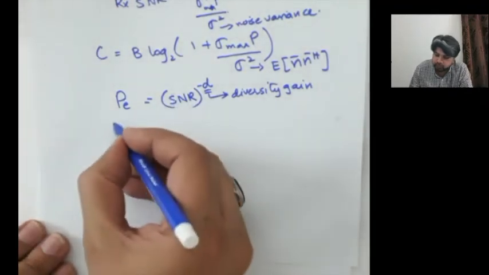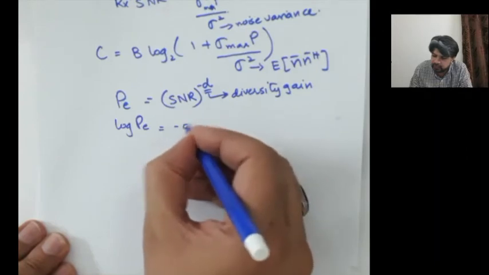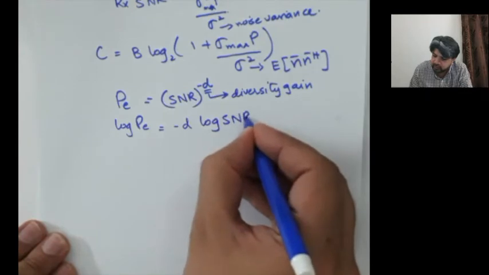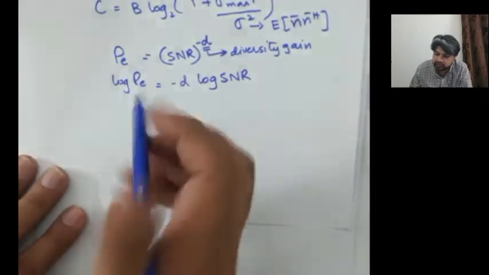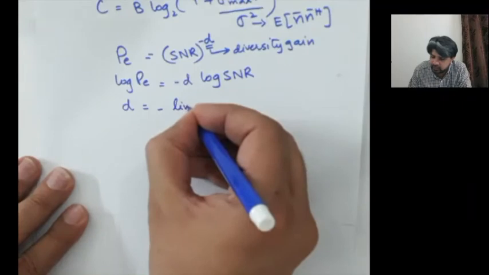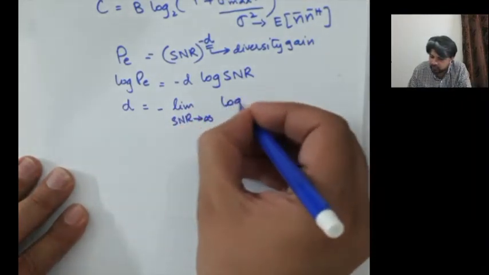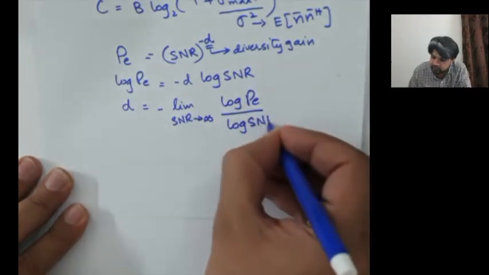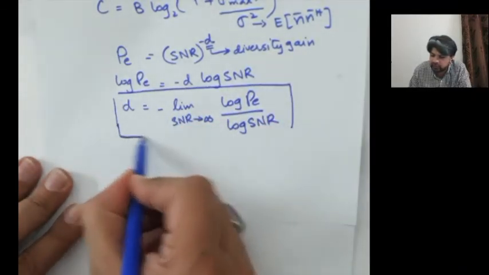So if you compute log of PE on both sides, that would give you minus D log of SNR, and hence your diversity gain is simply defined like this. D is equal to minus limit SNR approaches infinity of log of PE divided by log of SNR.